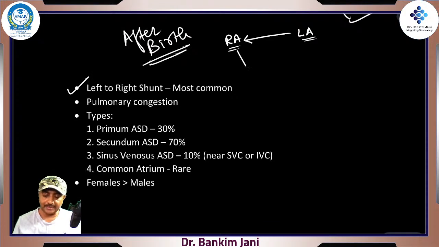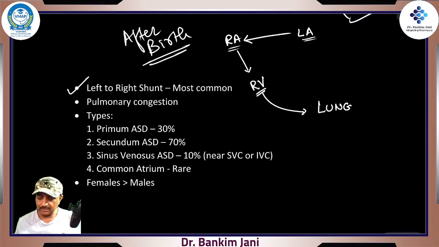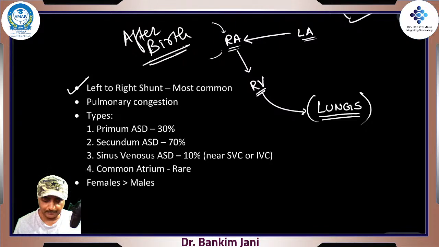Now from the right atrium, where will it go? It will go to the right ventricle. From the right ventricle, it will go to the lungs. Now the lungs will be overloaded, because the right atrium is already getting blood from the superior vena cava and inferior vena cava.